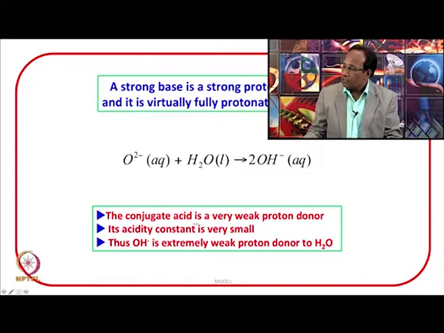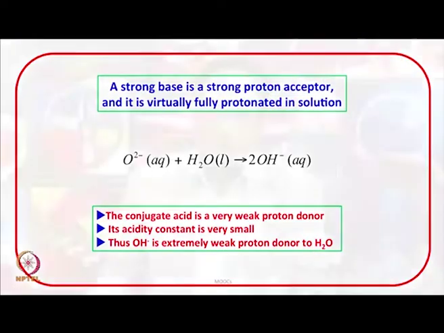And a very weak proton donor means the acidity constant is going to be very, very small. This conjugate acid OH minus is an extremely weak proton donor to H2O. So these are some of the properties of the strong base and its conjugate acid.